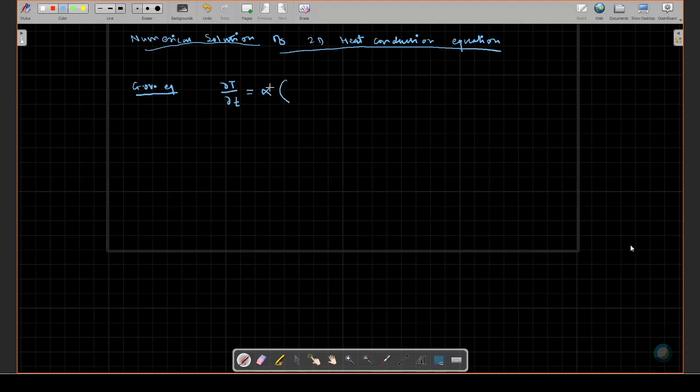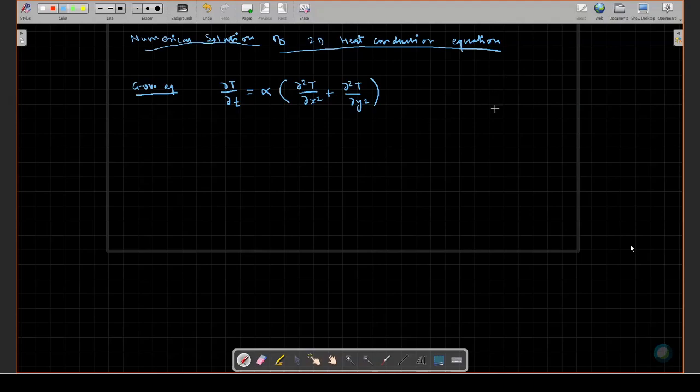Alpha is K by rho Cp, and you have del 2T del x2 plus del 2T del y2. We are considering Cartesian coordinates, this 2D equation in the Cartesian coordinate system.